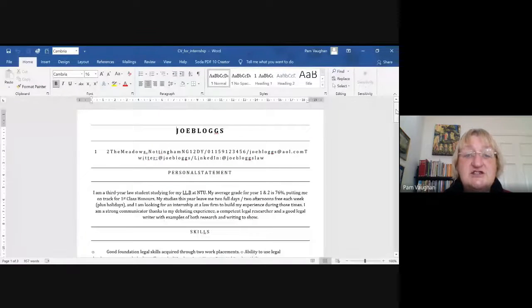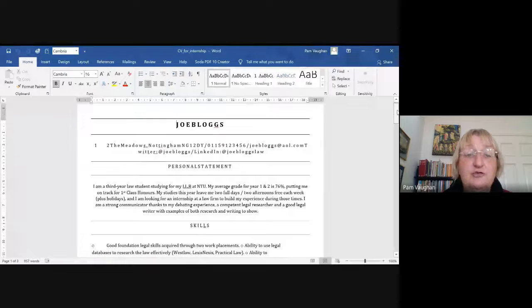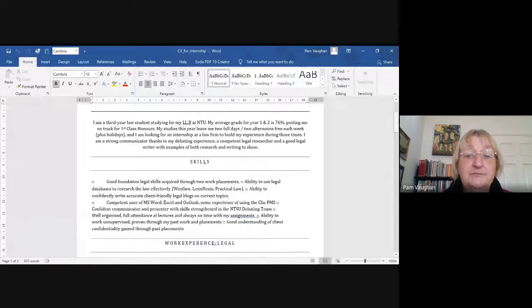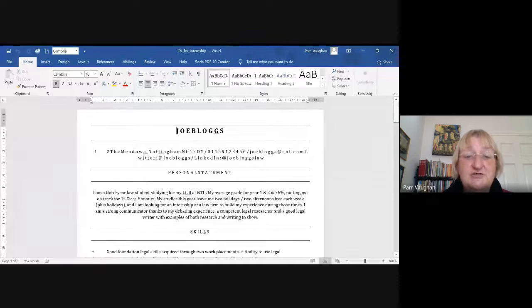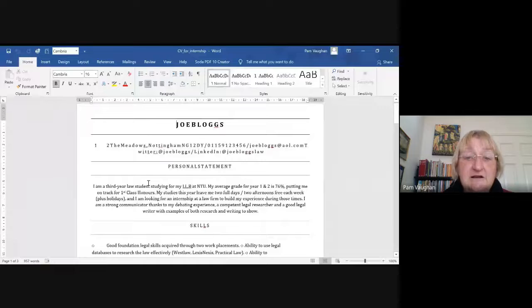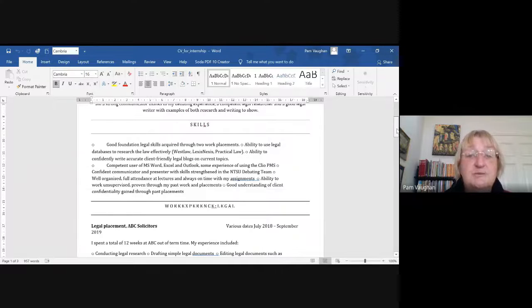And this is a student who's just applying for a work placement, not actually for a job. But you can see he said what sort of student he is, given a bit about how he's progressing as a student, what he's looking for, and claiming his key skills that would make him attractive as an internship candidate.